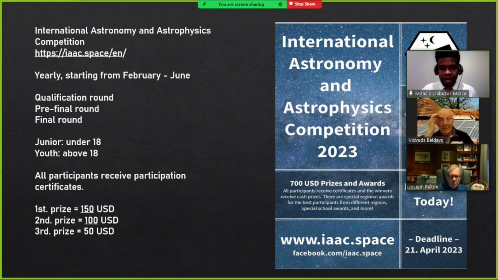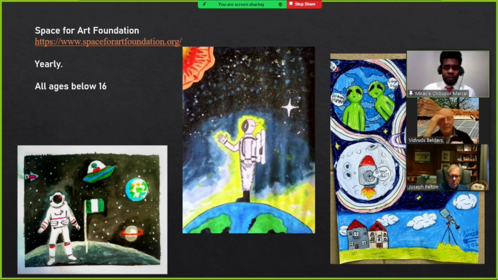Then we have Space for Art Foundation. Here we work with teachers, and most especially, we encourage them to encourage their students to draw anything they can imagine about space.